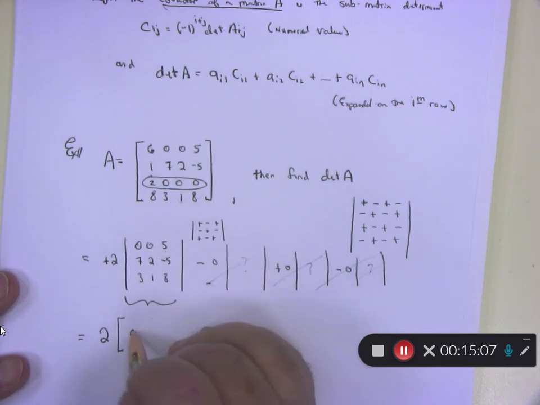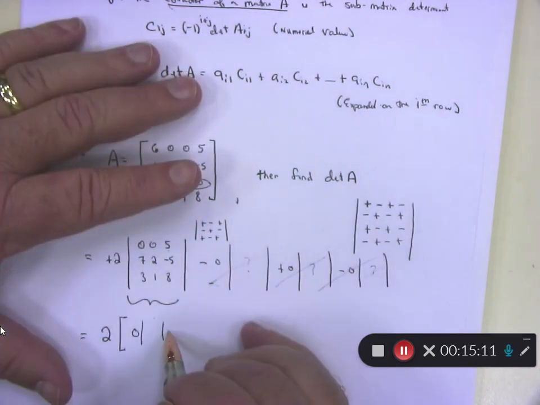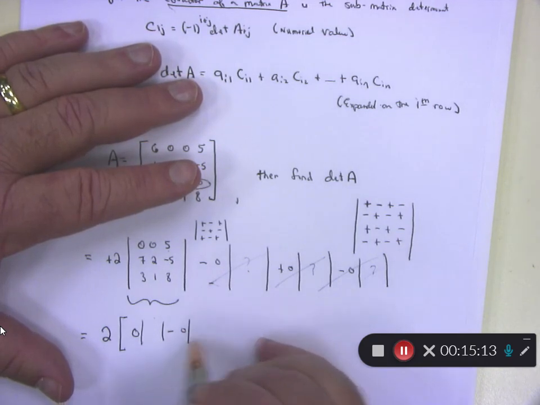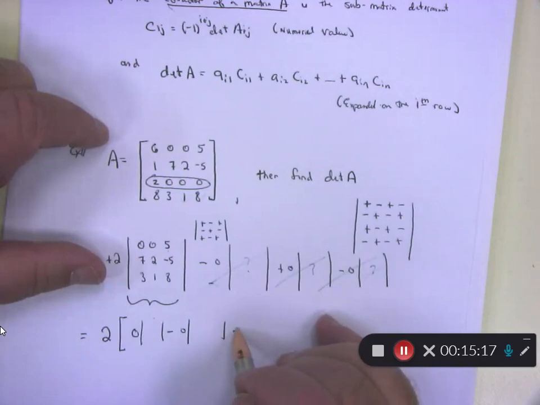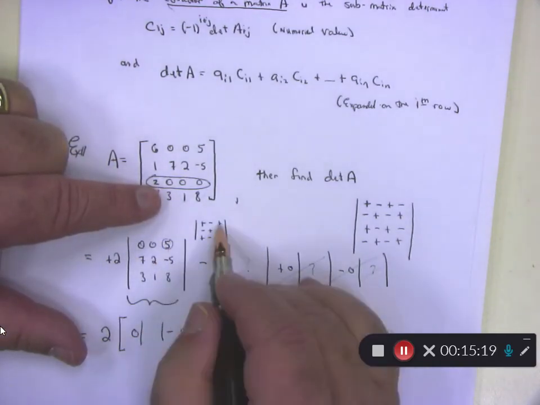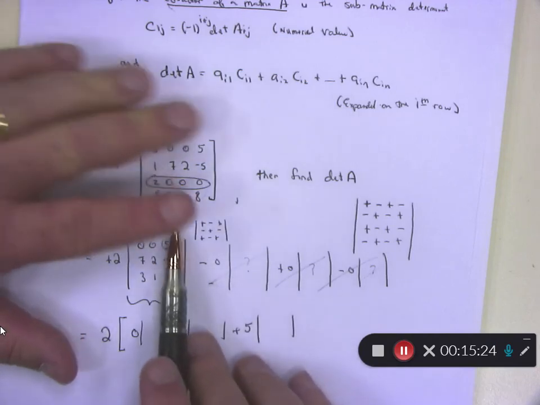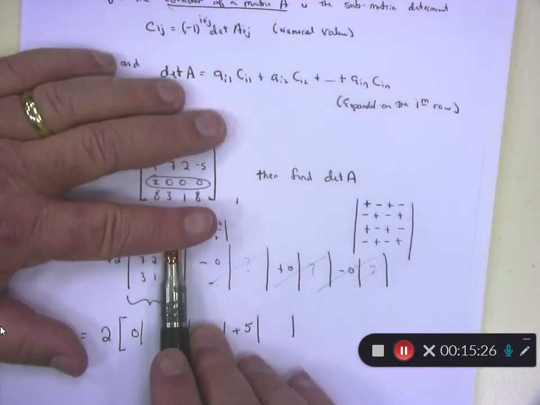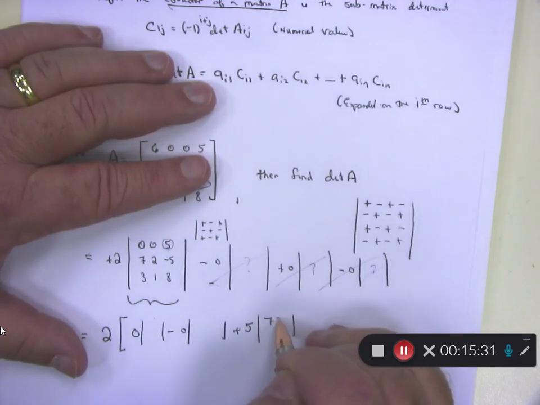It'll be 0 times whatever minor matrix that is, don't care, minus 0 times that minor matrix, and then finally a non-zero term: plus 5 times its minor matrix. Knock off the row and column, and I have 7, 2, 3, 1.